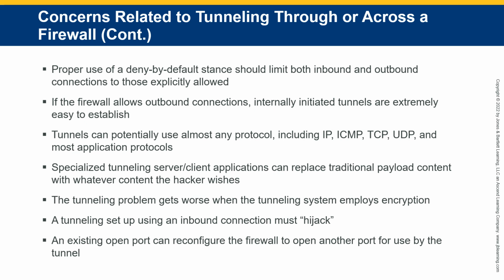The tunneling setup using inbound connections must be a hijack. If they're allowing stuff to come inbound, it's usually a hijacked HTTPS session or an SMTP session. An existing open port can be reconfigured to open up another port for another tunnel.